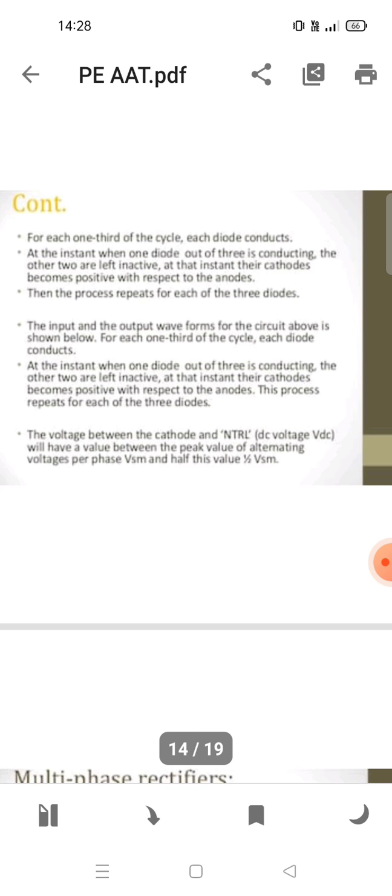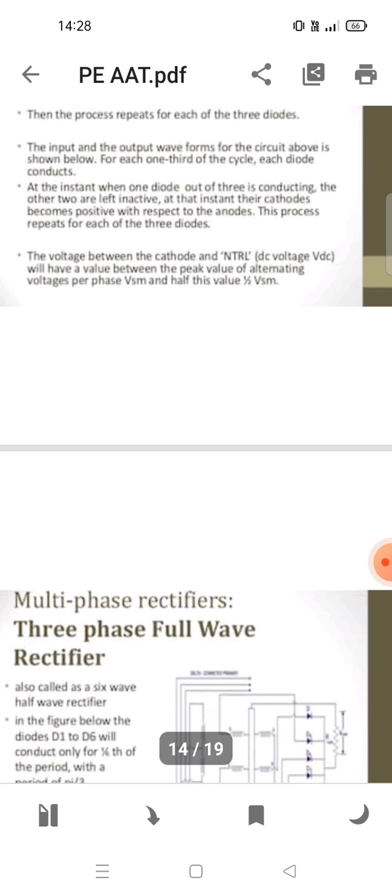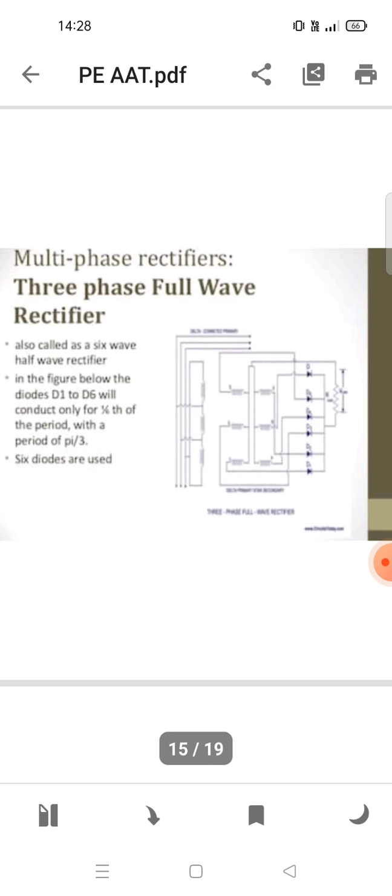Then the process repeats for each of the three diodes. The input and output waveforms of the circuit above are shown. The voltage between the cathode and NTRL is DC, which has the value of the peak alternating voltage per phase VSM, and for the half wave, this is half VSM.